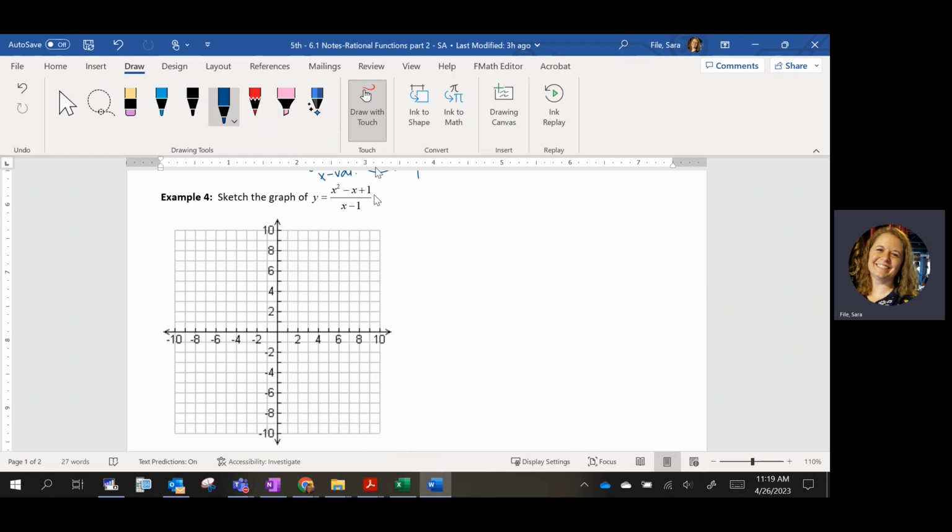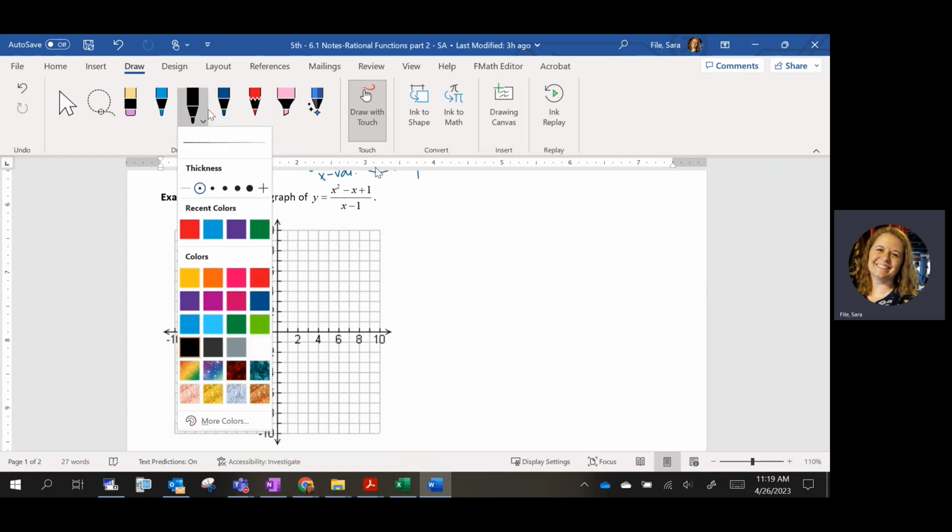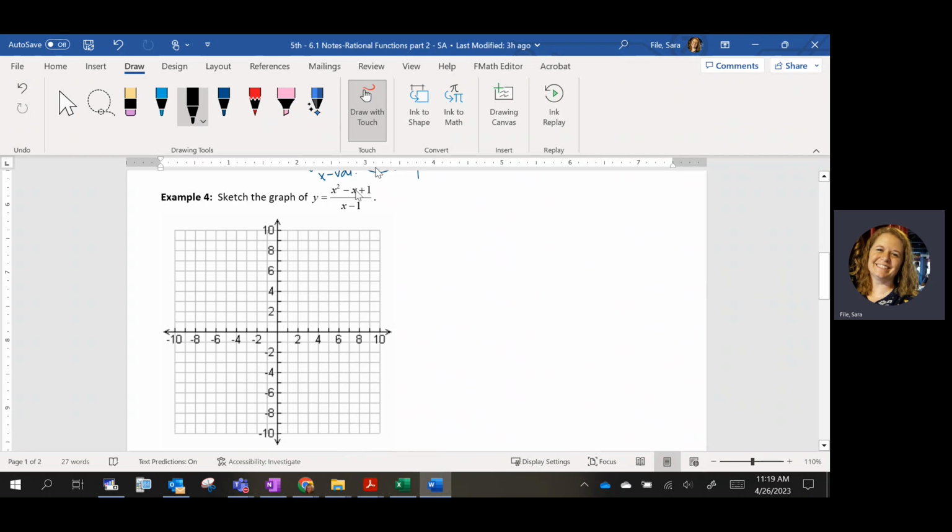We try the quadratic formula and we get a negative under the root. It doesn't work. You can't solve this numerator, which means there are no x-intercepts. So I'm going to make just a side note, because I'm going to change this and use a different one where we are going to be able to calculate some stuff.